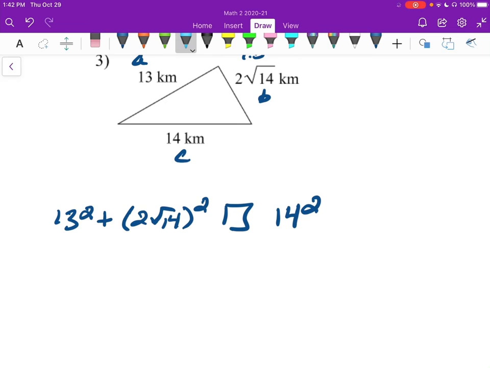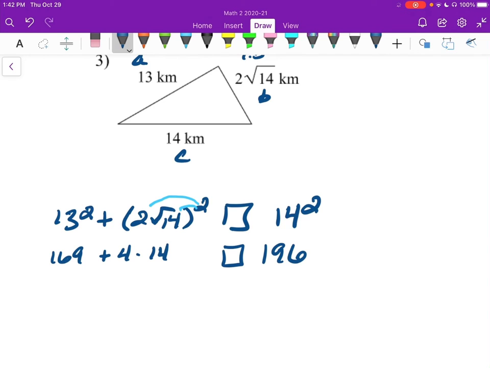Remember, this 2 in the exponent goes to both of these guys. So this is going to be, well, 13 squared is 169 plus 4 times 14 box 196.